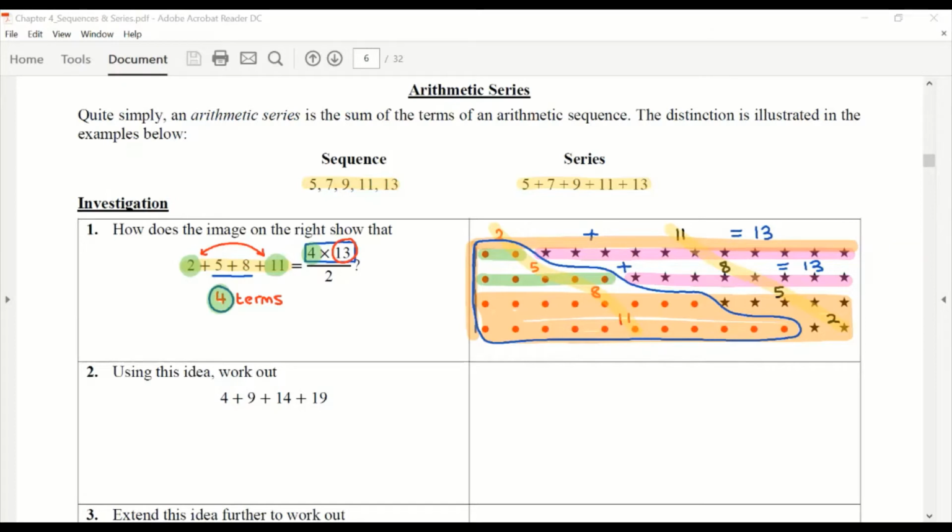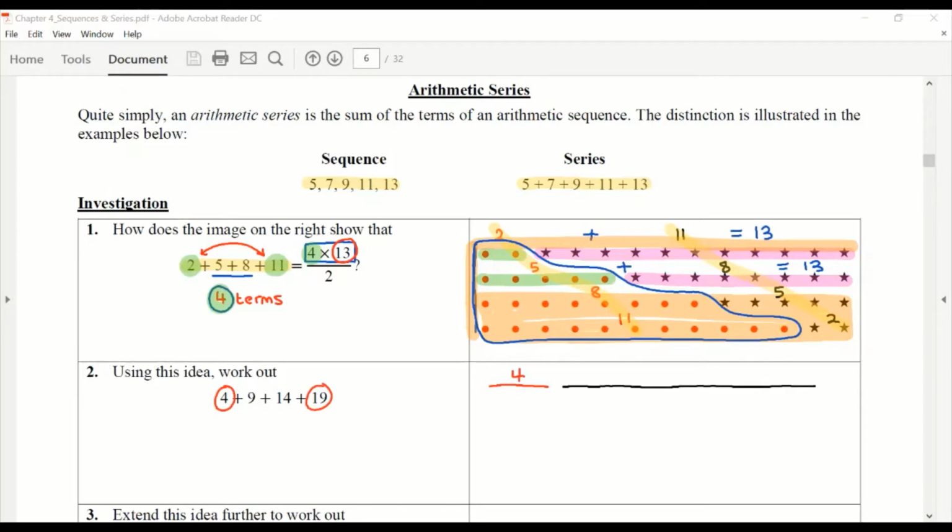Now, without me drawing out all these shapes, if I was drawing out the pattern, I would say, okay, if I look at the first term and the last term of this series, that tells me that my diagram might have 4 red dots going along there. I'm just going to simplify it by using a line.